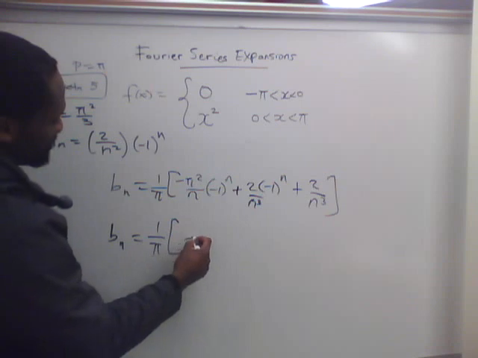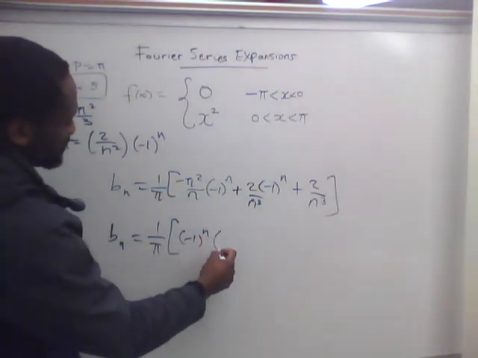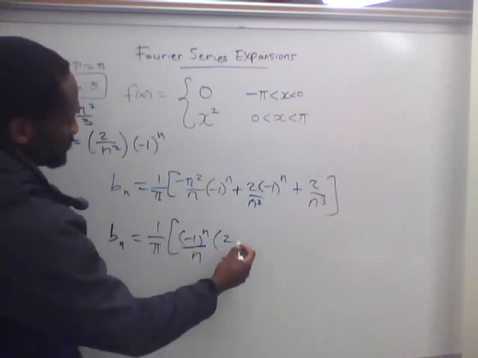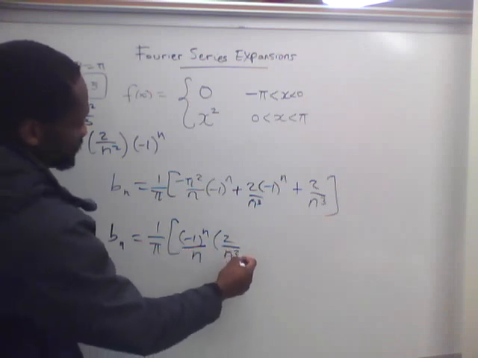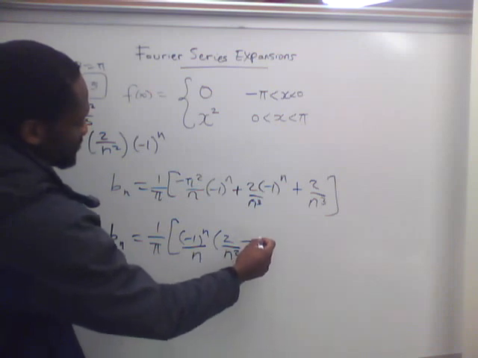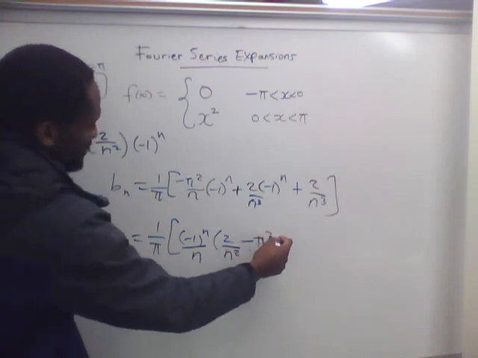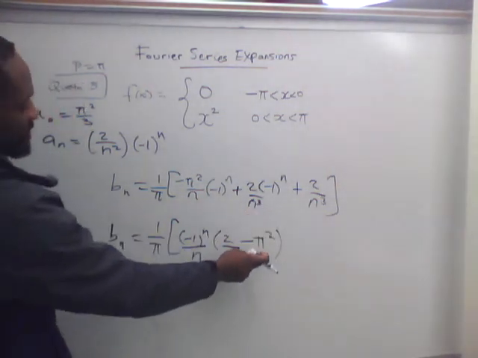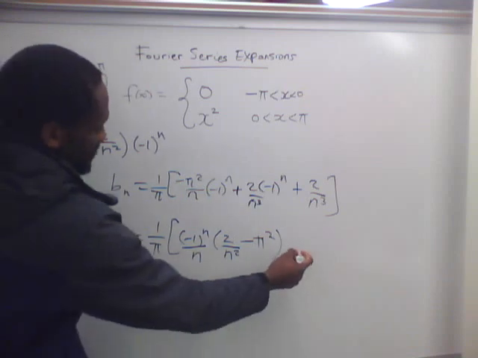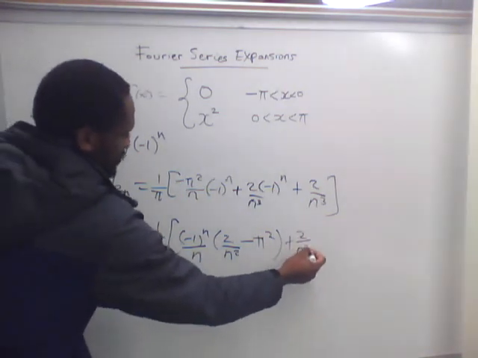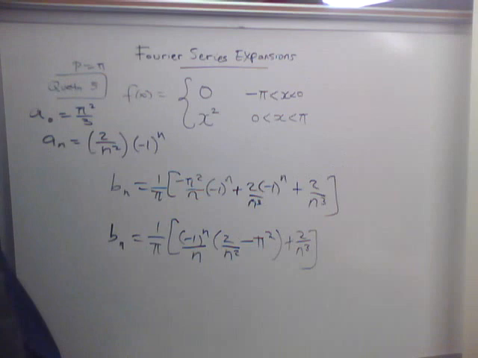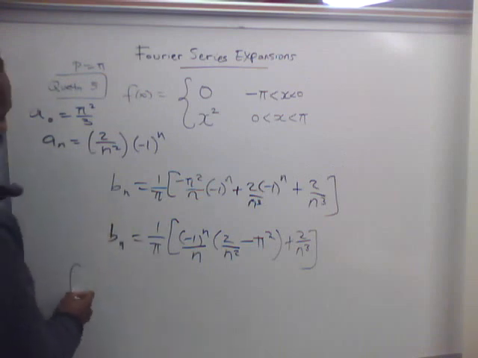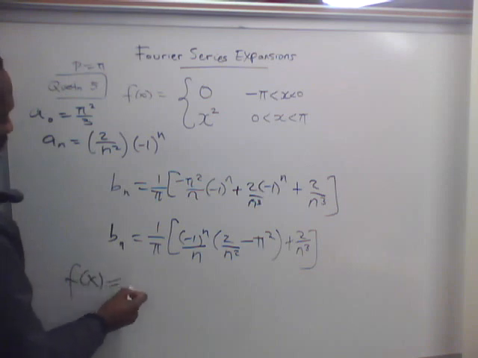Over pi, negative 1 to the n, 2 over n squared minus pi squared. So this right here is this term, and this right here is this term. Plus 2 over n cubed as your Bn.